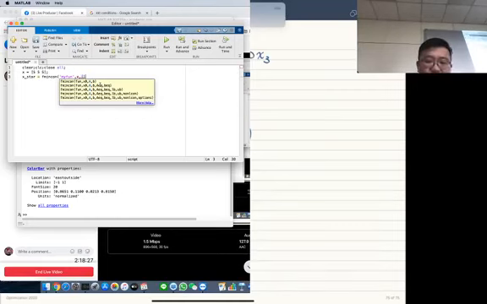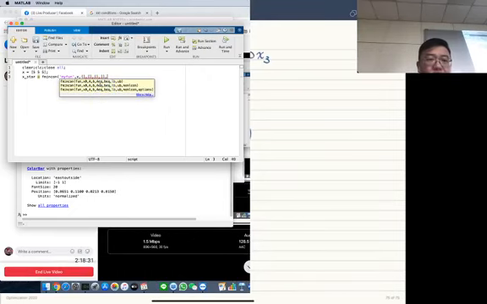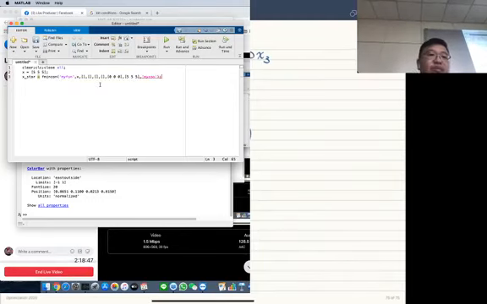So give an empty input, ignore this part also here. Lower bound and upper bound. My lower bound basically is 0, 0, 0. My upper bounds are 5, 5, 5. And then I need to write a code about my constraints.